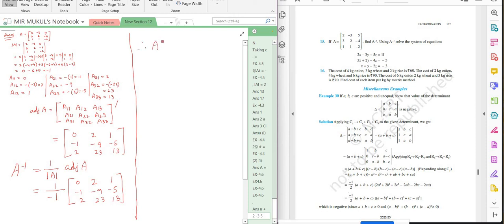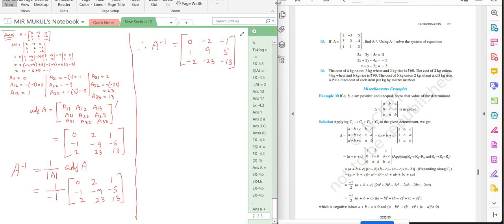Therefore A inverse, if multiplied by minus, then 0, minus 2, minus 1, 1, 9, 5, minus 2, minus 23, minus 13. Please check this answer, whether it is correct or not. After that, we will do the second part. From the back side, just check whether A inverse we got correctly or not. Yes, sir. Correct. Okay.